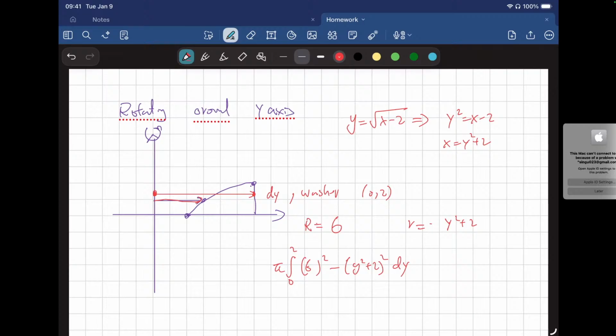Wait, why do you, for the little r, use y squared plus 2? Because that's the function. Anytime you have a function, look at what it says: the function is from the y-axis to the curve. So just assume y is equal to 1. 1 squared plus 2 is 3.